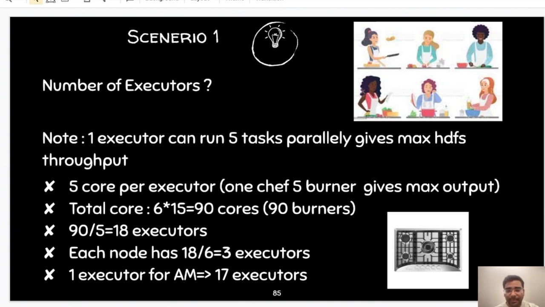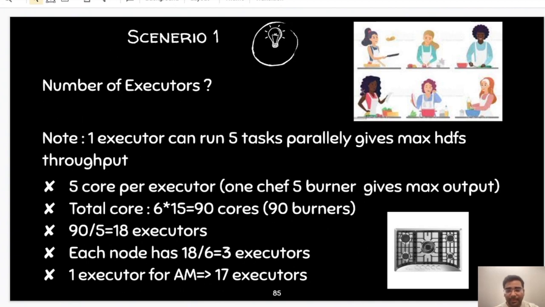So out of the total 90, if we divide by 5, at least 18 executors can run, 18 chefs can work all together to run the tasks. So 18 tasks can run parallelly instead of 6 initially.